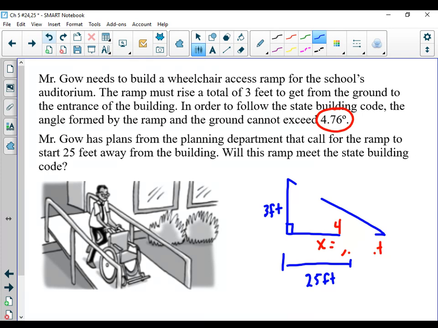If he did want to build it within code, he had to have put it 36 feet away. 36 feet away is like 12 yards.